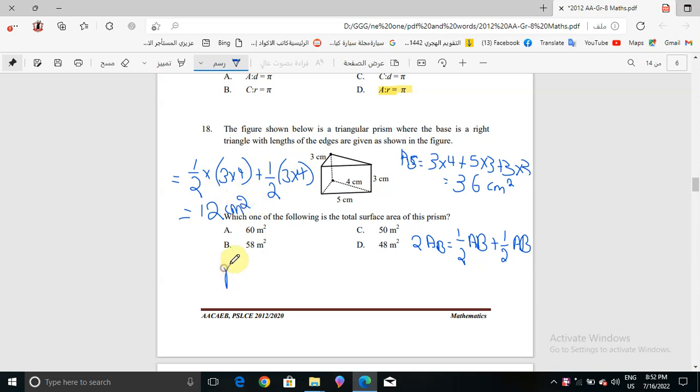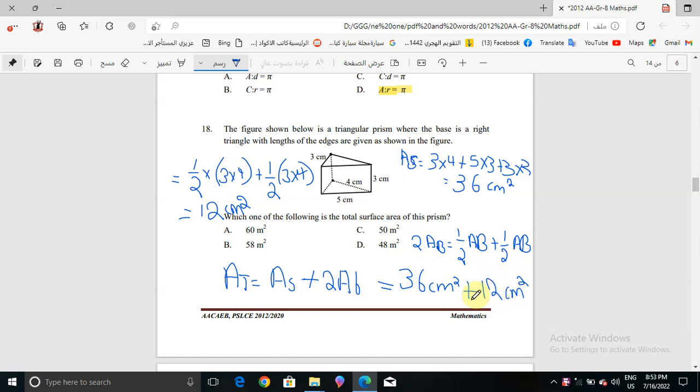Then area total is equal to what? AS plus 2AB, right? So that means what we have here, in AS we have 36 centimeter squared plus in 2AB we get 12 centimeter squared.